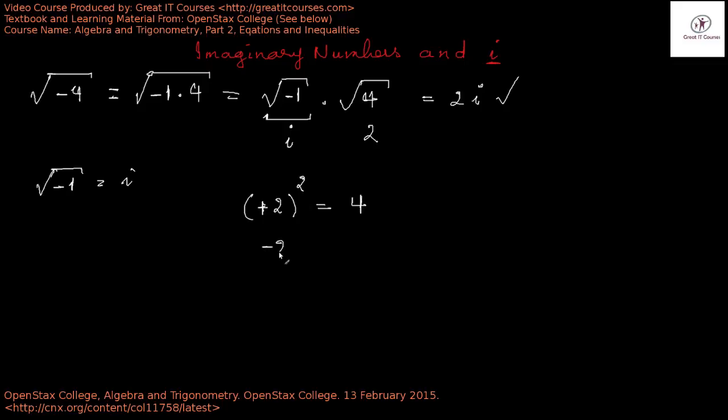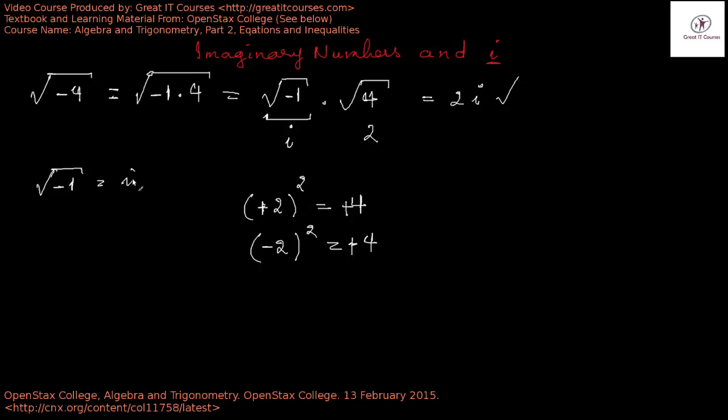If you have a negative real number and you square it, you also get plus 4. So it doesn't matter whether the real number is negative or positive. If you square any positive or negative real number, you will get a positive real number.